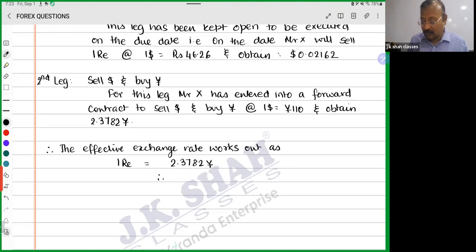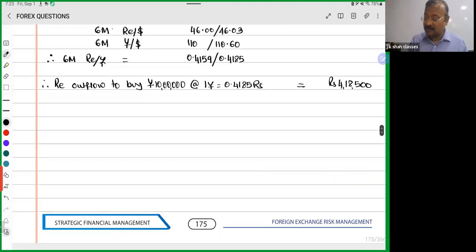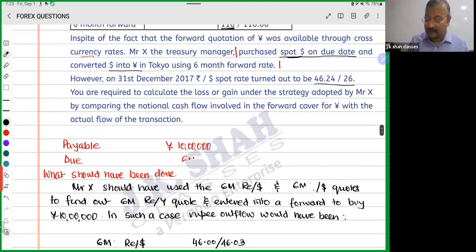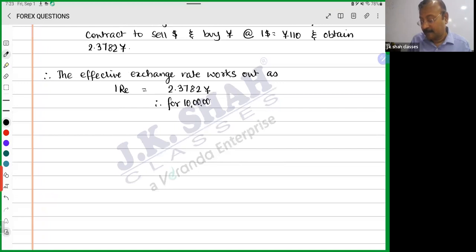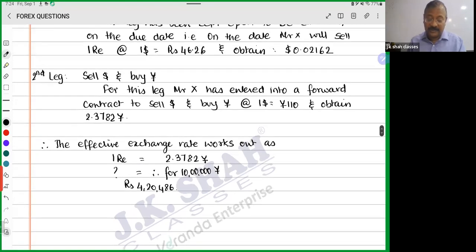Therefore, for 10 lakh yen, how many rupees? 4,20,486 rupees. Now, this is the rupee outflow on account of the strategy adopted by Mr.